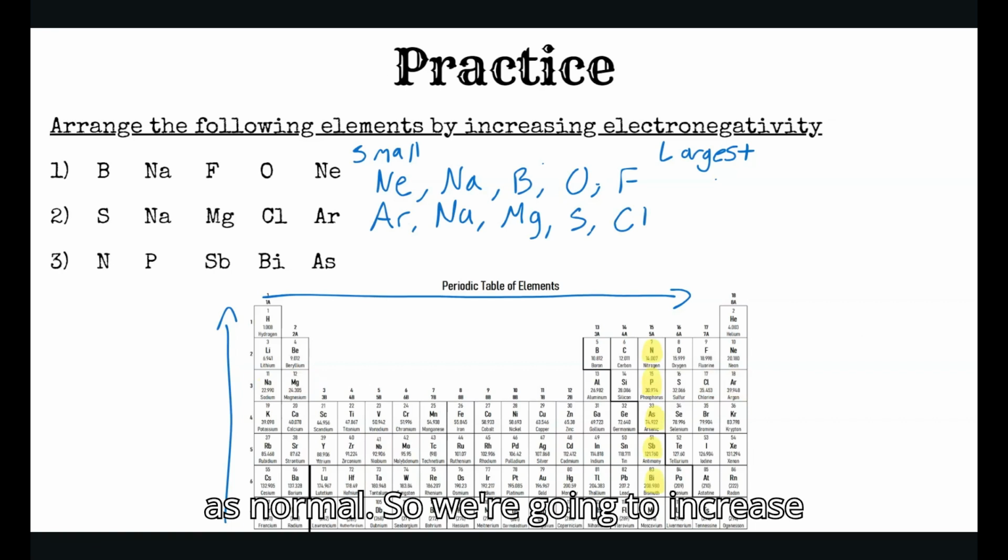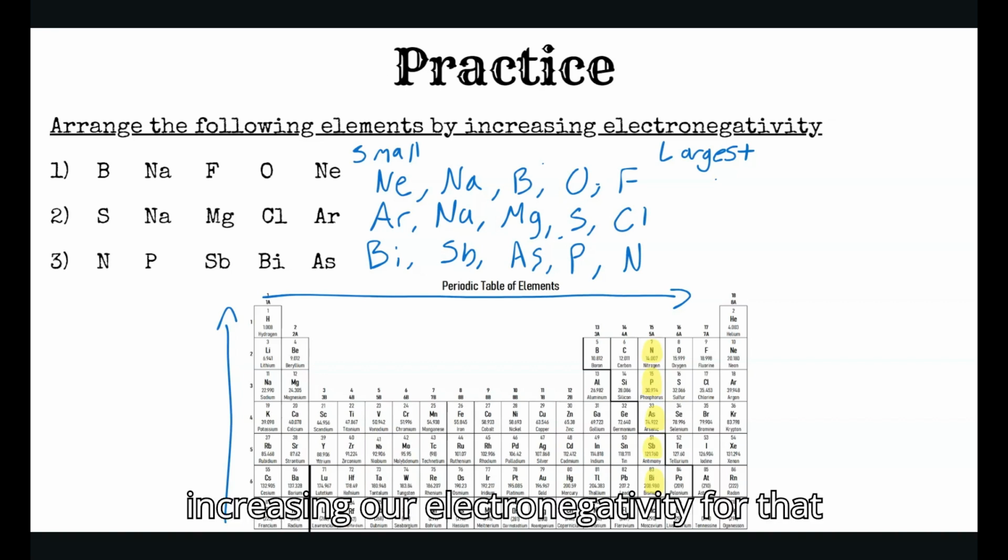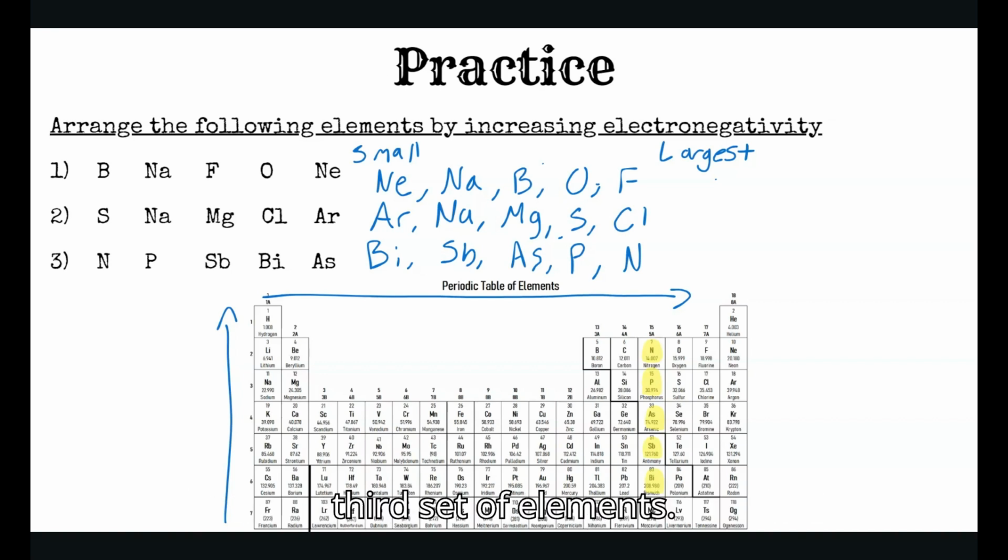So we're going to increase from the bottom to the top. That means that our bismuth will have the smallest electronegativity. After that, it will be our Sb, and then our As, then our P, and finally our N for our nitrogen. So that will be increasing our electronegativity for that third set of elements.